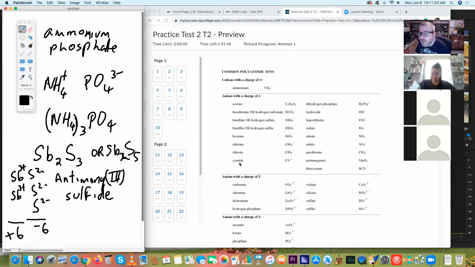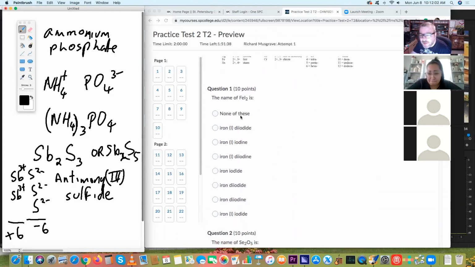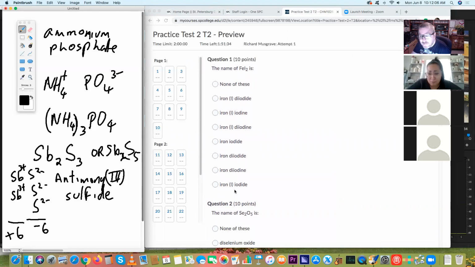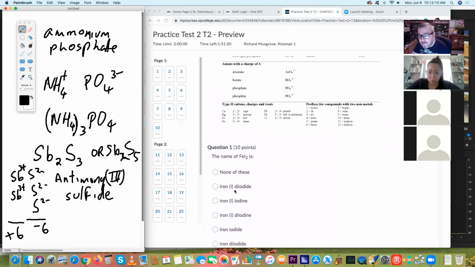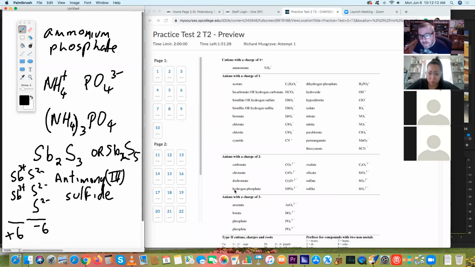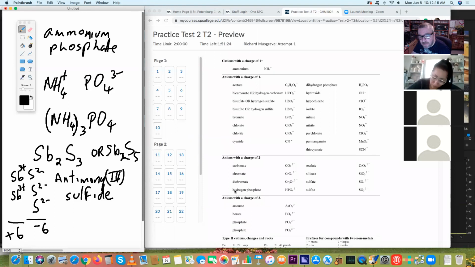What I'm saying, Ashley, is that you don't have to be concerned about memorizing that, because it'll be here in the multiple choice. Professor, my concern is, when you have a metal and non-metal, you need to put a Roman numeral, right? Absolutely.